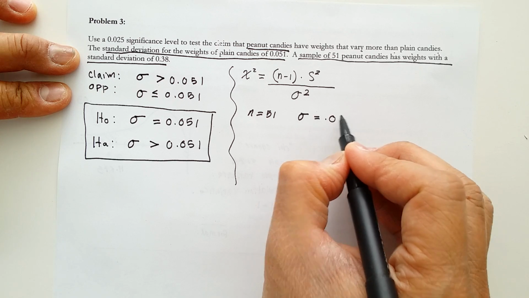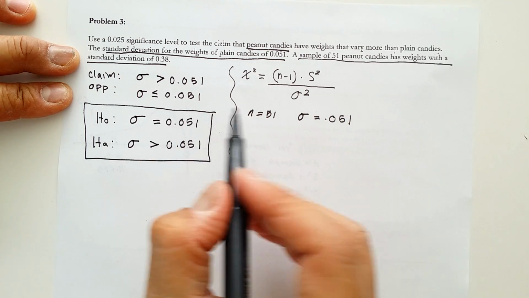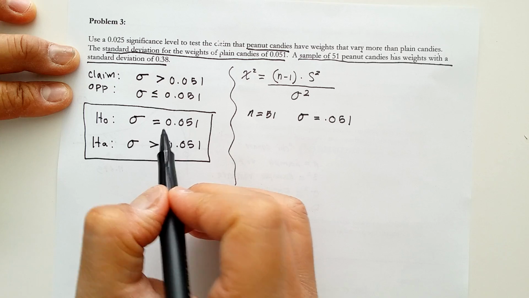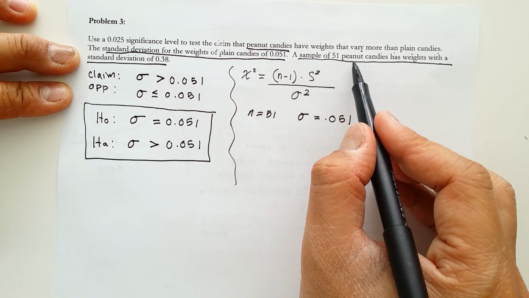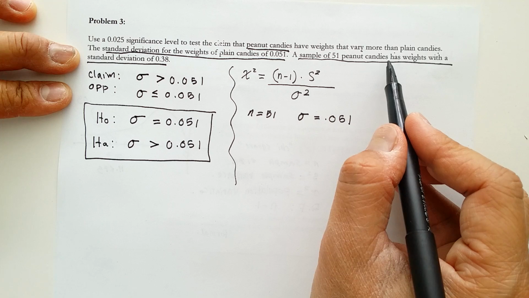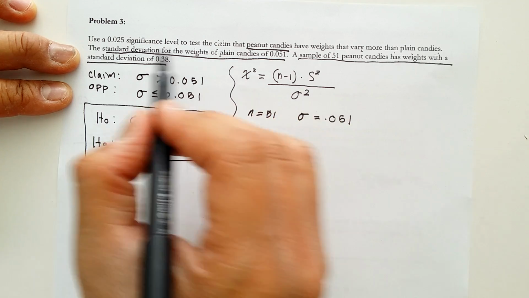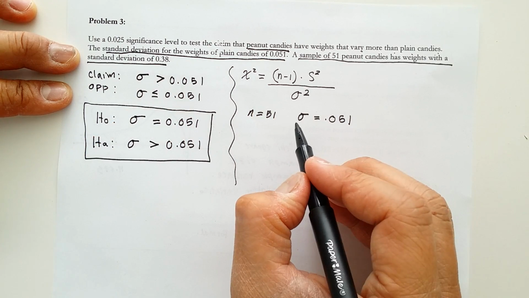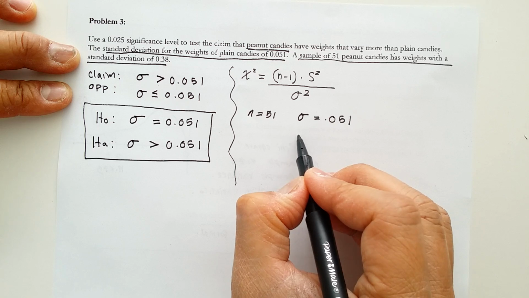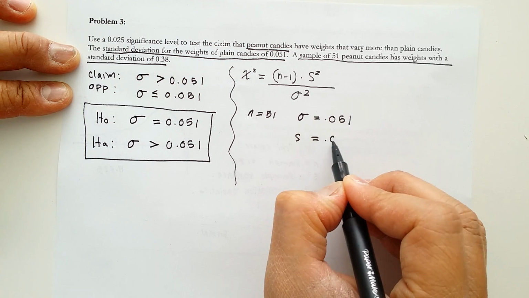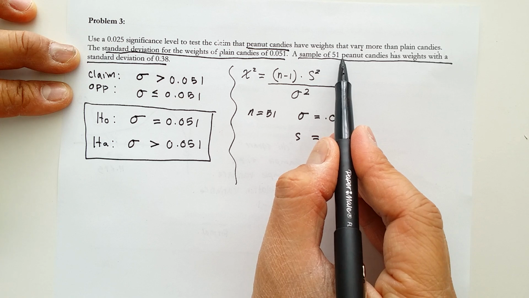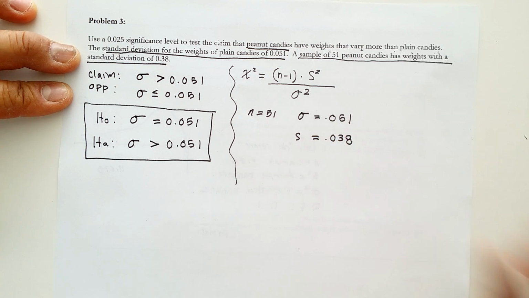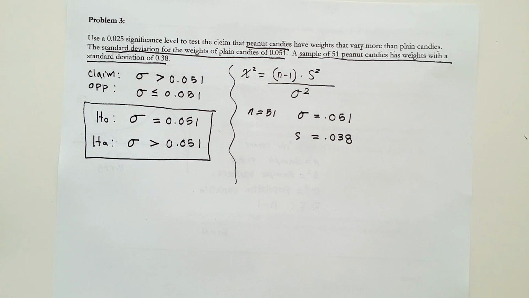And from the sample of 51 peanut candies, the sample standard deviation is 0.038, so s equals 0.038. This is a sample because it's from 51 peanut candies out of a population of a lot.